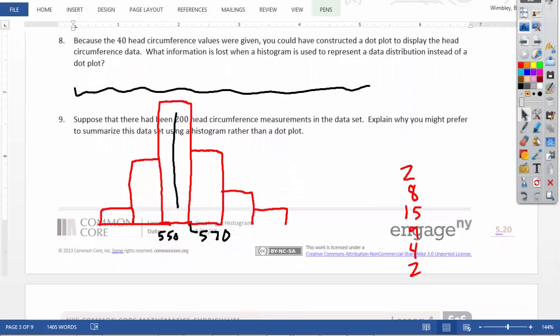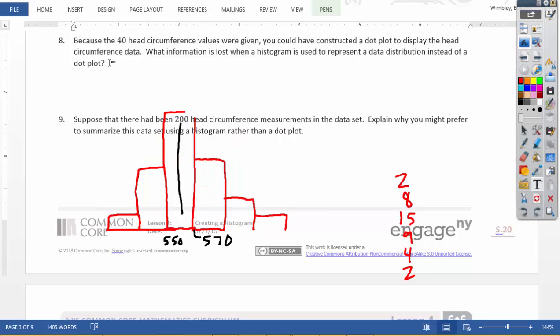Because the 40 head circumference values were given, you could have constructed a dot plot to display the head circumference data. What information is lost when a histogram is used to represent a data distribution instead of that dot plot?